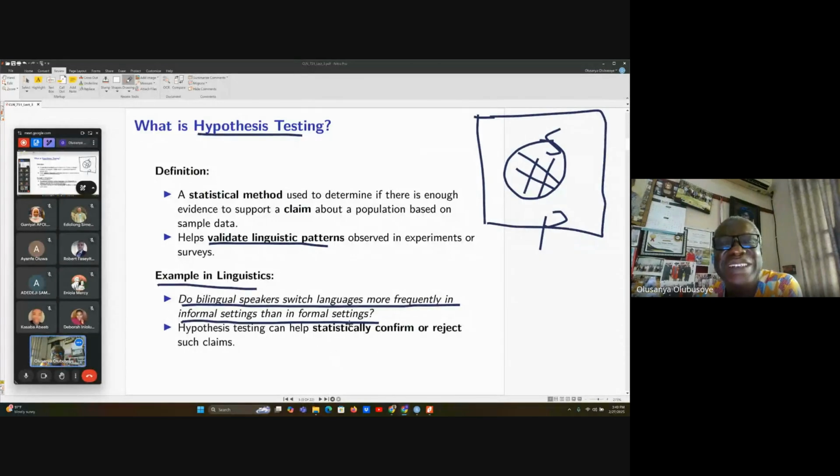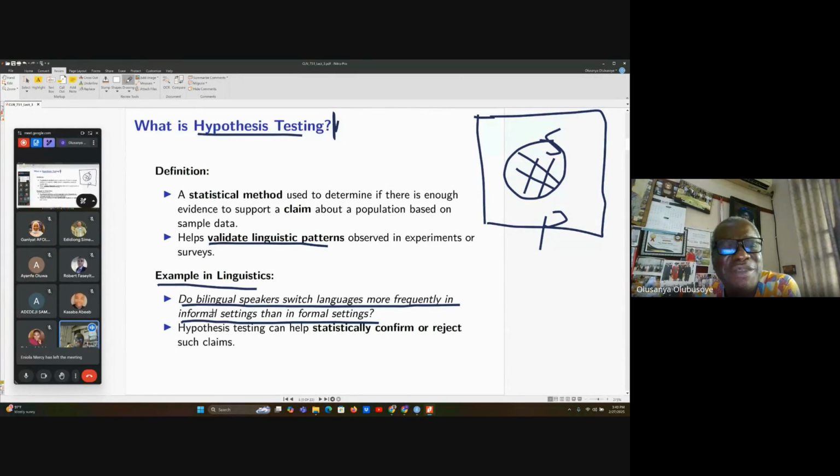Excellent. So this is why we are studying hypothesis testing, because now we have a claim that we all have different opinions about.